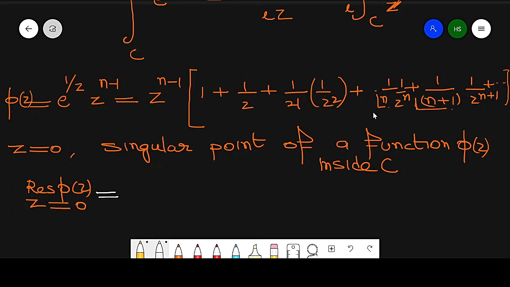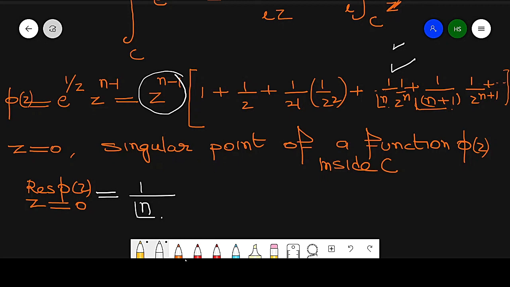The residue of a function is the coefficient of 1 by z. When we multiply this term with this term, we get the coefficient of 1 by z. Because it is z raised to power n minus 1, it is z raised to power n. So its residue is equal to 1 by n factorial.